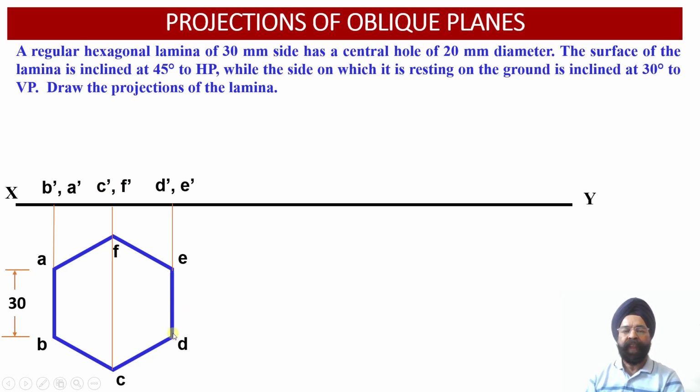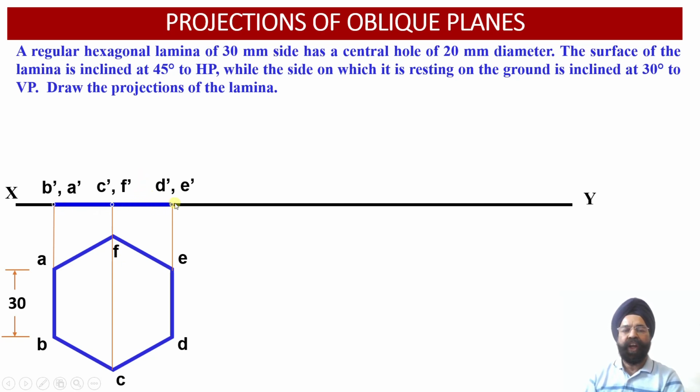And finally, the points D and E will be projected on the XY reference line as D dash and E dash. So this way we obtain the front view, which is an edge view projection of this lamina as we look at it from the front side.